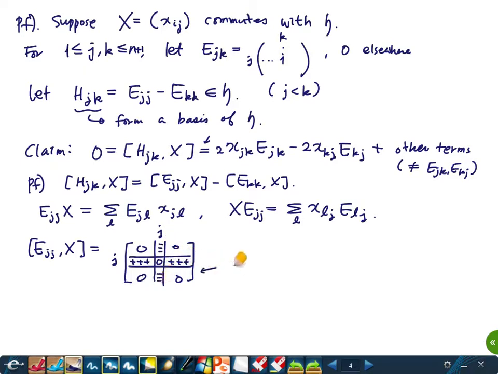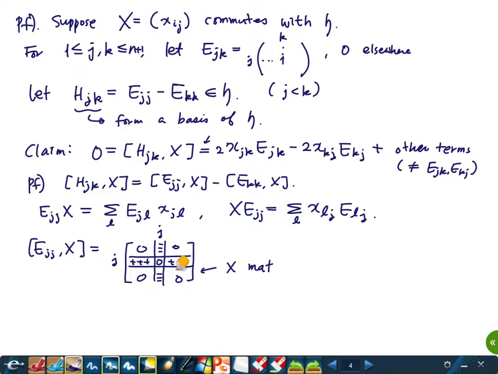This is a kind of X matrix, but with this kind of coefficient. So these are zeros, and this plus means x_j1, x_j2, etc.